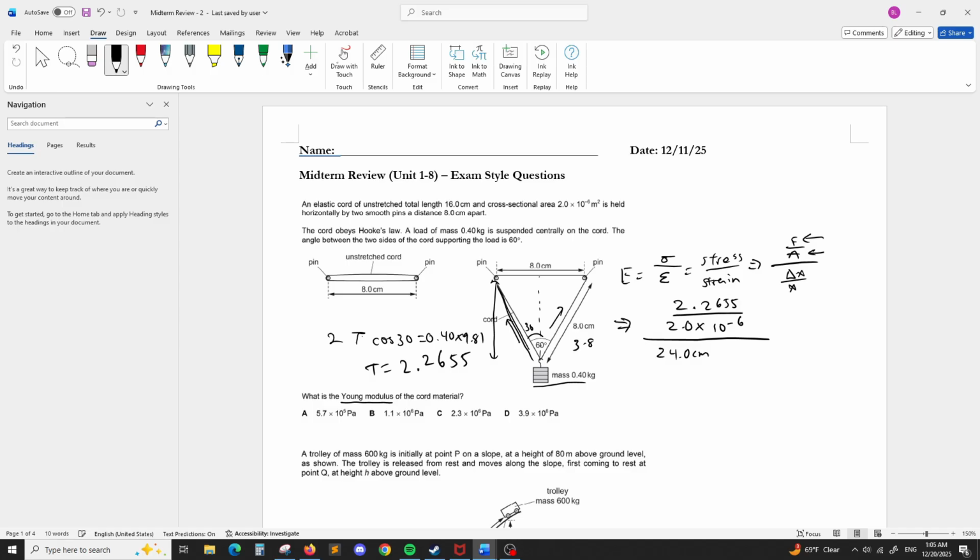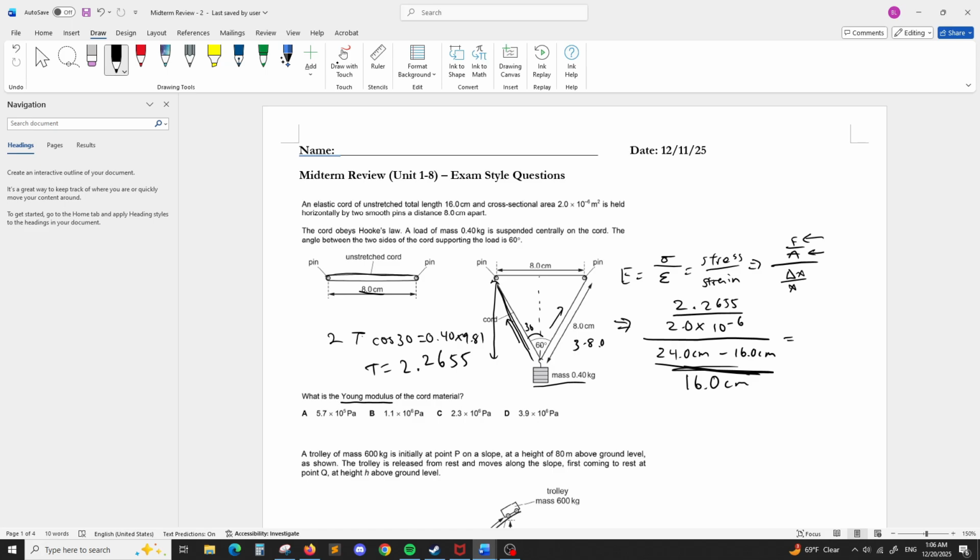So it's 3 times 8.0 minus 16 centimeters, because we have 8 centimeters here and it's twice around, right? Divided by the original length, which is 16.0 centimeters. And then yeah, we just divide this out.